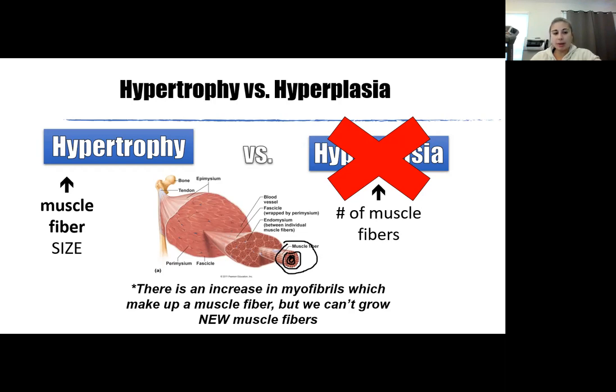So just something to think about if that was a question you might have had: how long does it take to lose everything? It takes quite a while. You'll notice that if you go back to train after a certain period of time, you didn't lose as much as you probably thought. Muscle memory, it's not really that the muscle remembers, it's those neural adaptations. Everything's not going to get lost.